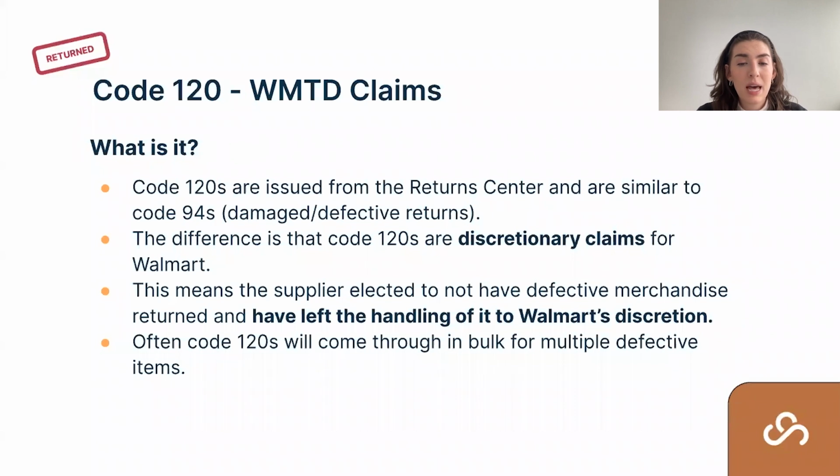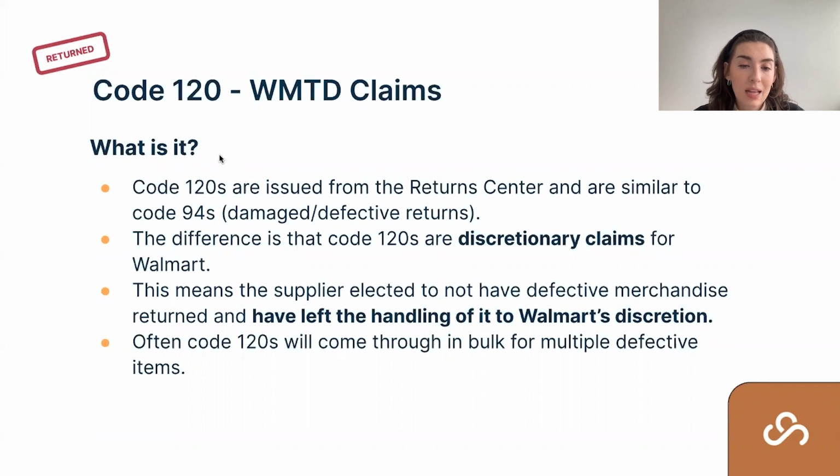It means that your supplier agreement is a little bit different. So you've elected not to have the defective merchandise returned, but have left it to handling to Walmart's discretion. That's a really important thing to note, especially when it comes to disputing, because if this is not what you agreed to in your OSA, you can dispute this and get your money back.